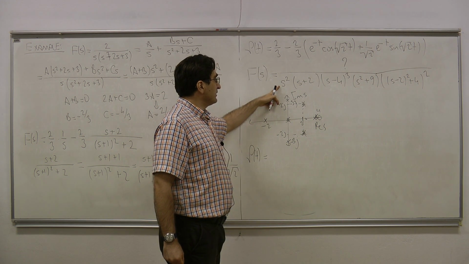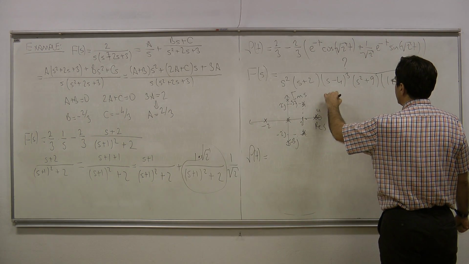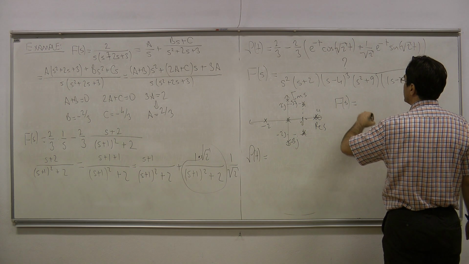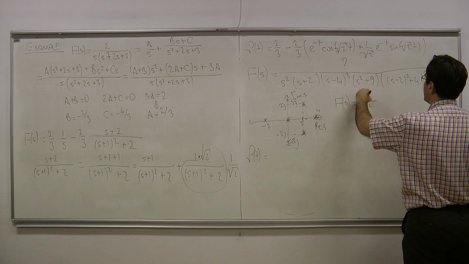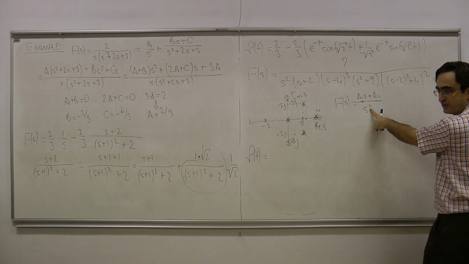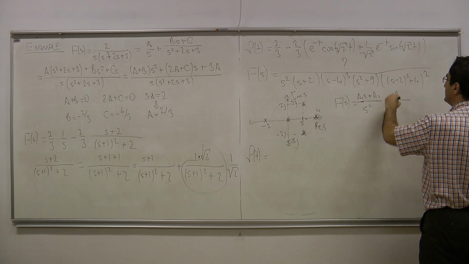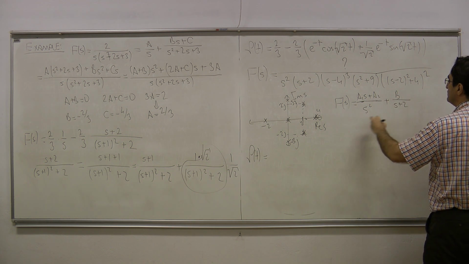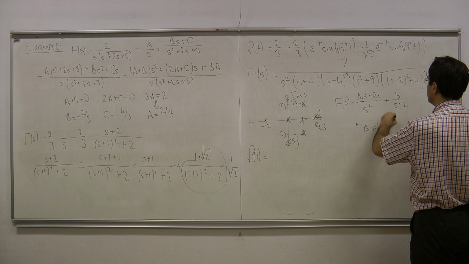Okay, so first of all, let us try to make a partial fraction expansion. F(s) is, I have s squared, so I will put here a1 s plus a2, a first order polynomial, because this is a second order polynomial, plus b over s plus 2, plus over (s minus 4) cubed.